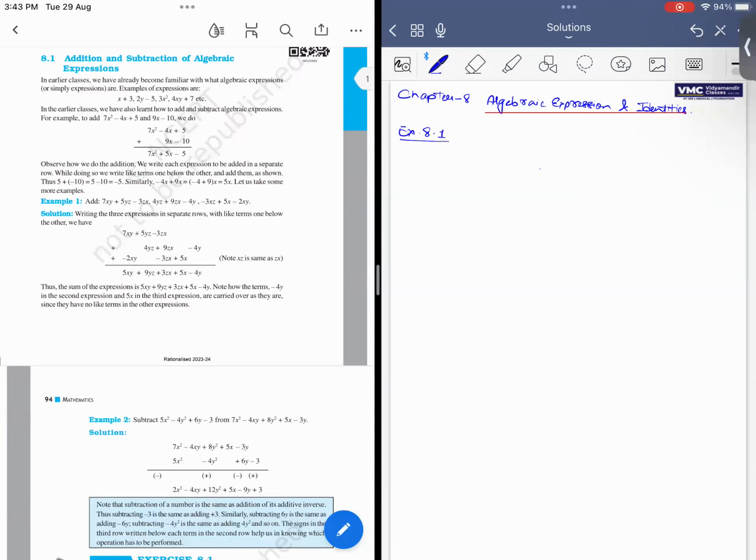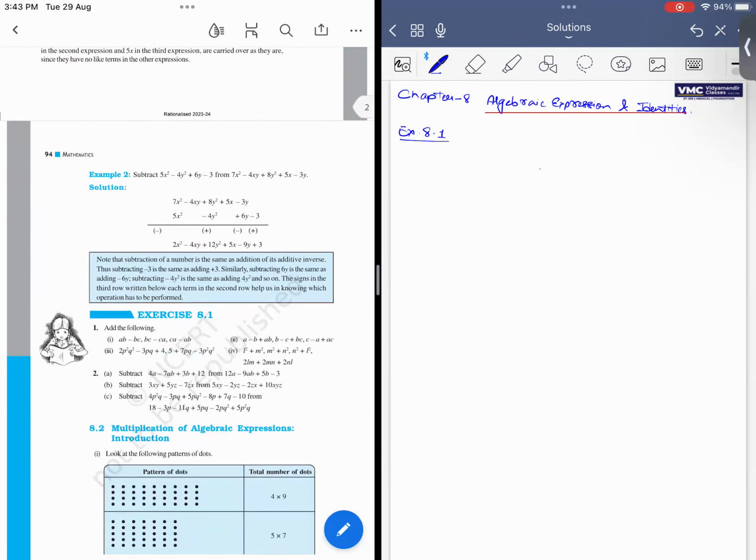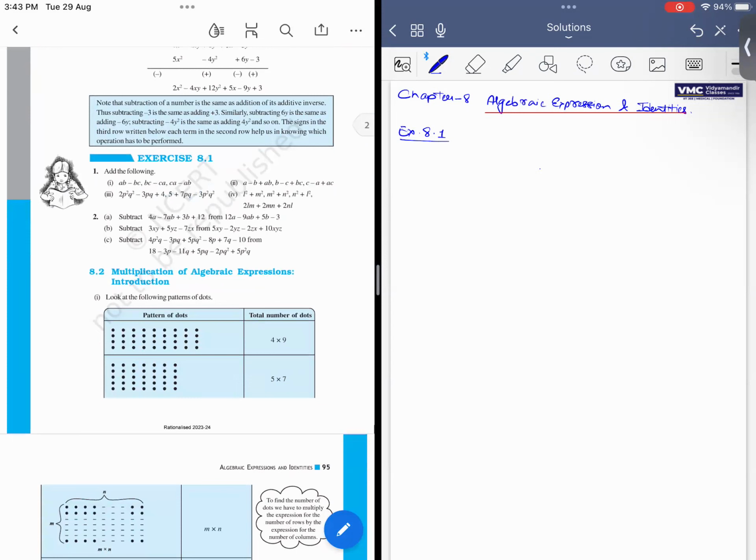So starting with 8.1 exercise, we have the question as you can see on the side of the screen. Okay. So the first question says, add the following. Given are the expressions to us, we look for the like terms. In the expressions we have studied that like terms get added up or subtracted, right?